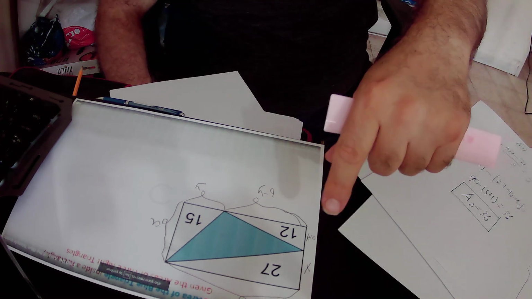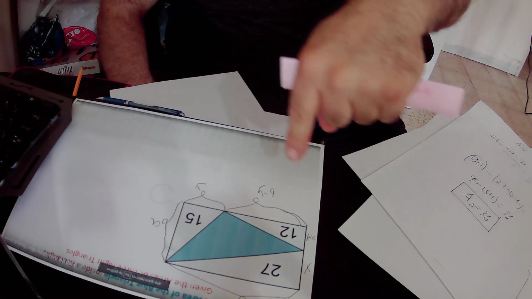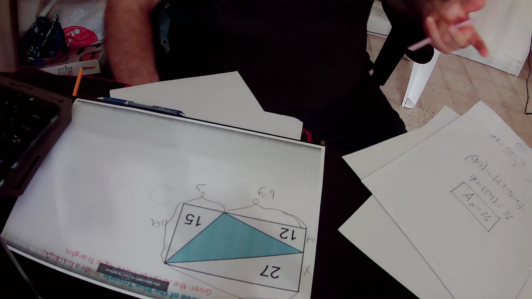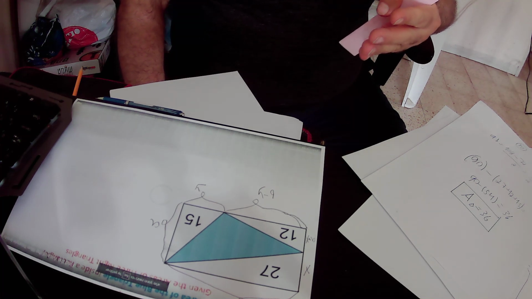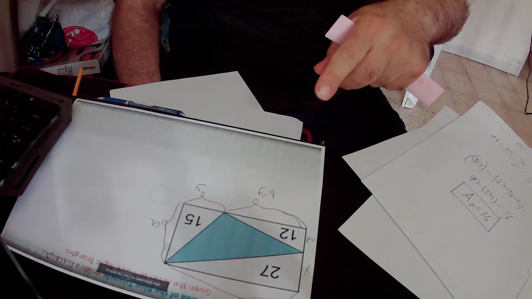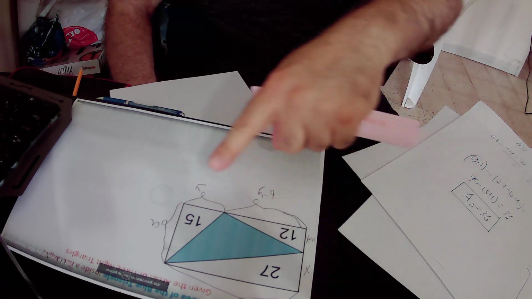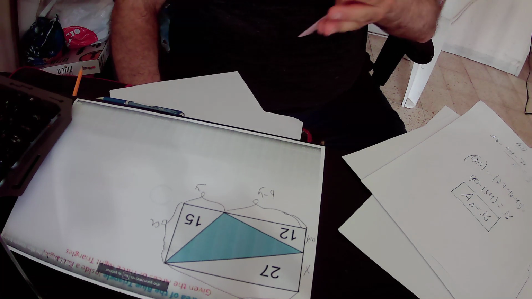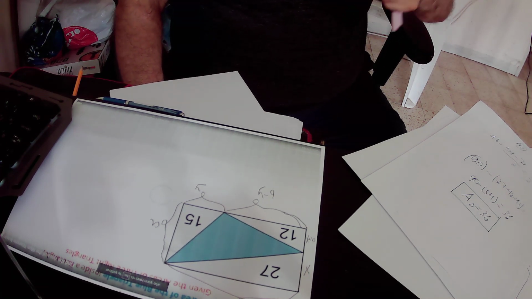So if we deduct from the area of the rectangle the sum of the areas of the right triangles, we will get the area of the blue triangle. So in order to find the area of the rectangle, that is A times B, we created three equations.